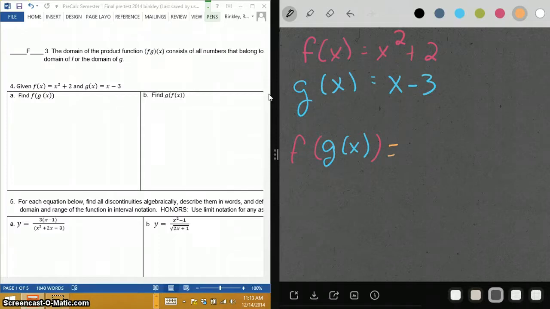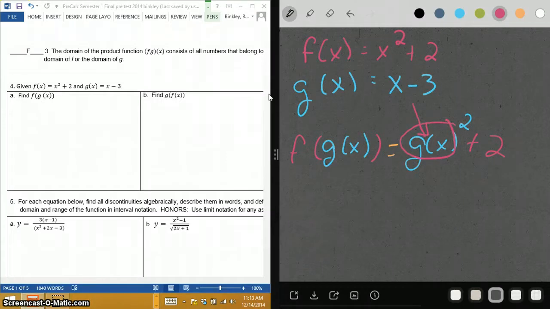So instead of writing x squared, I'll put my g of x. It's g of x squared, and then the rest stays pink like the original, plus 2. Now, for g of x squared, we're just going to put the g of x right where g of x is.